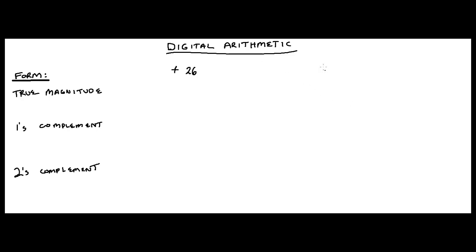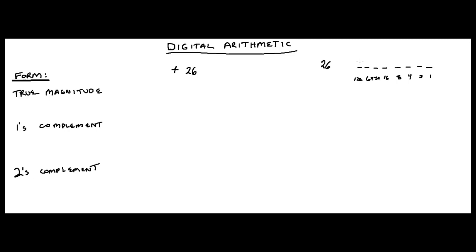Okay, so let's try it. The method we generally use is we write the number 26, and suppose we have 8 bits, right? So this is 1, 2, 4, 8, 16, 32, 64, and 128.